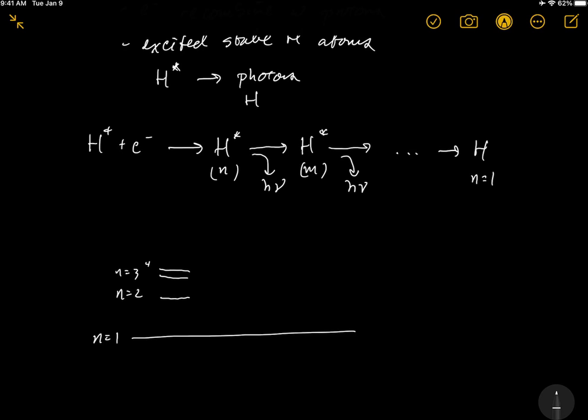Because this is a random process with a lot going on, recombining, emitting, and so on, you end up with essentially a soup of all of the different excited electronic states of the hydrogen atom.